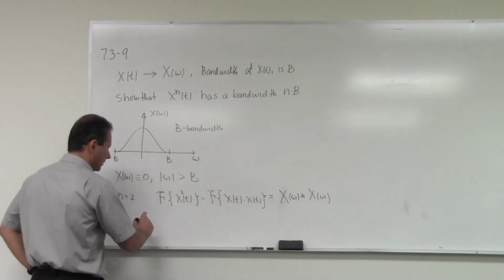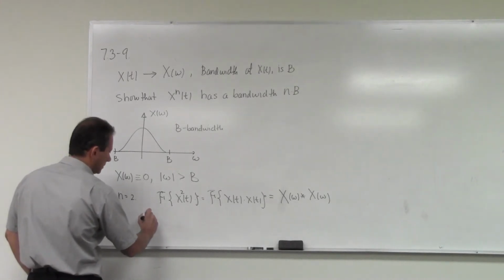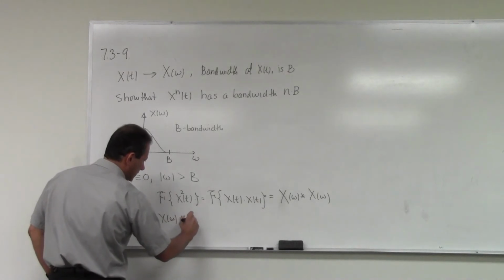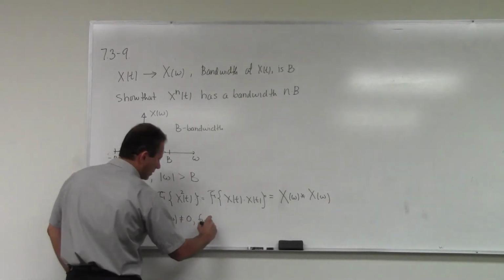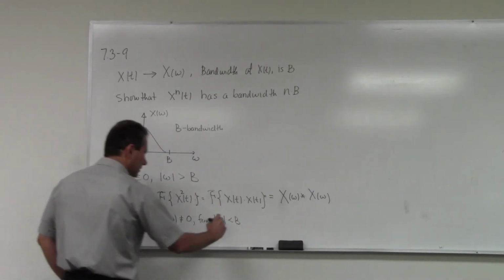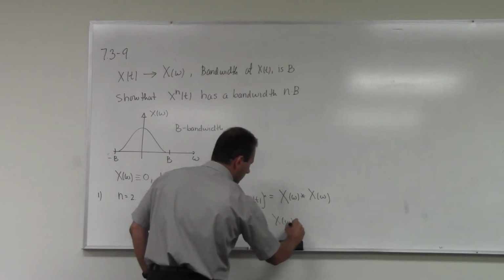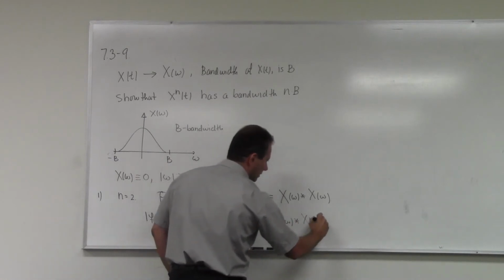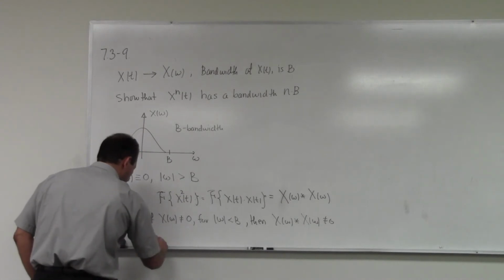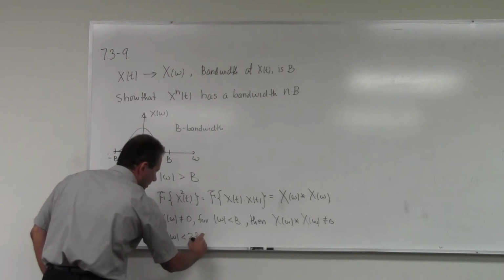How do I write that? If X of omega is different than 0 for omega smaller than b, then X of omega convolved with X of omega is different than 0 for omega smaller than 2b. Why?